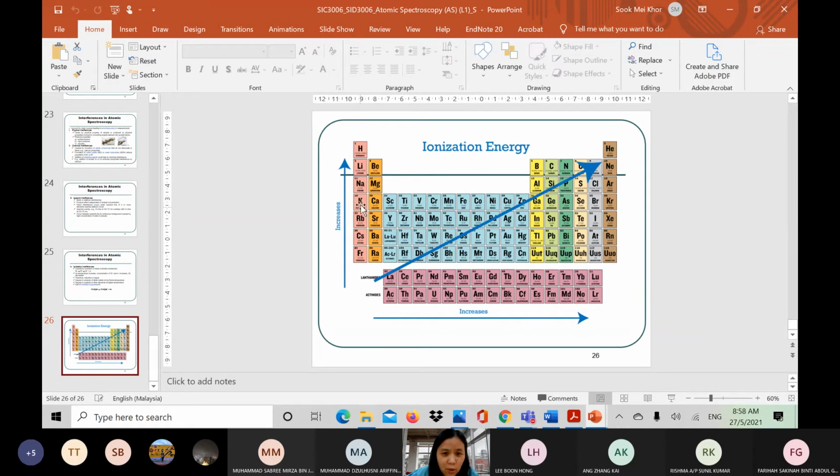If we do not add potassium and only detect sodium, we are not able to detect well, because in AAS, AES, and AFS, what we want to detect is a neutral atom.